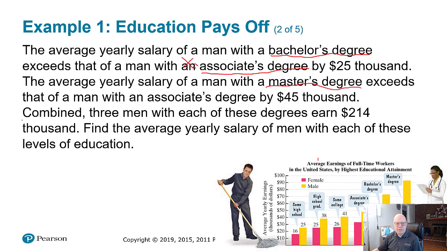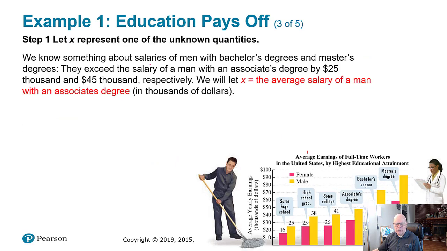And then it says combine the 3 men. In other words, you're going to be adding. If you add their salaries together, you get $214,000. So you've got an addition there, and you want to find the average yearly salary of men with each of these levels of education.